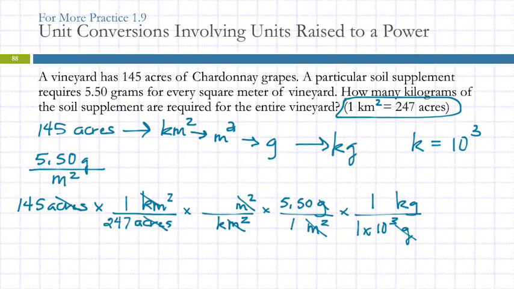Now we have to deal with that squared thing. So we look at this, and first, pretend the square isn't there. What would we do for kilometers and meters? Well, just like we did with the kilograms and grams. 1 kilometer would be 1 times 10 to the 3rd meters.